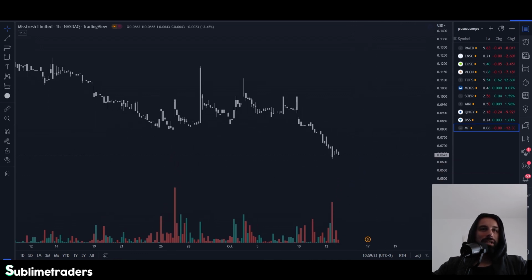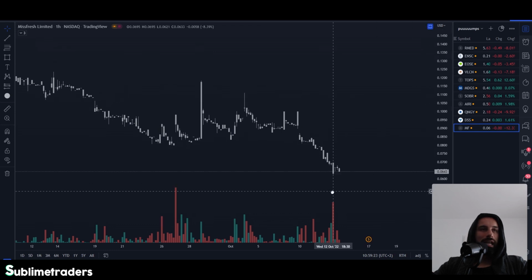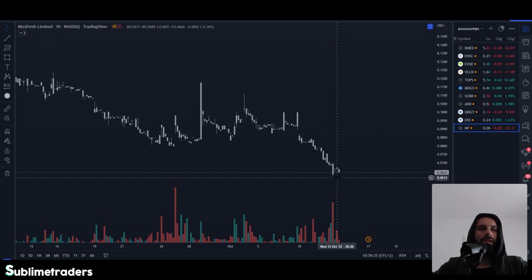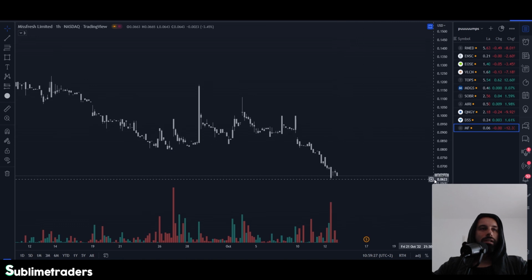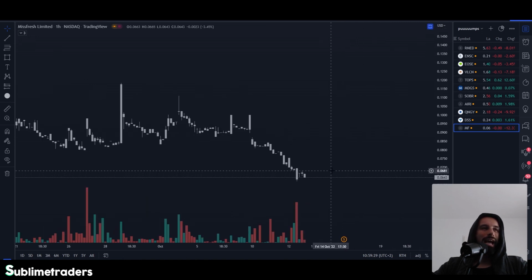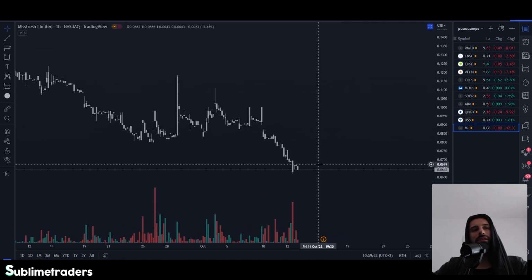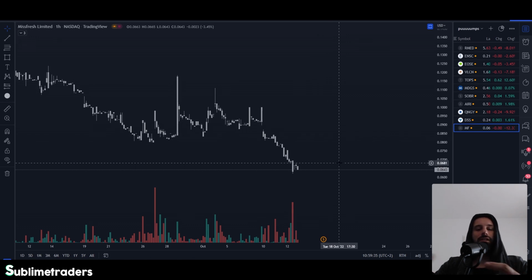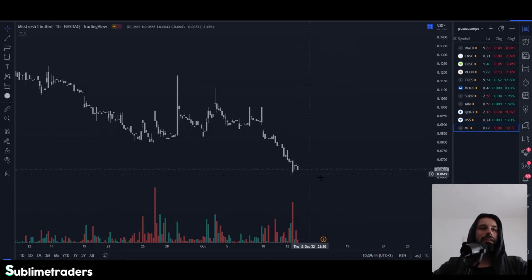So just split your entries into multiple entries, like at least 3, 5, even more, because you don't really have any technical side to this type of strategy. You are just based on sentiment, your own research based on the company, news, the financials of the company, and the date. Of course, the date is also important.